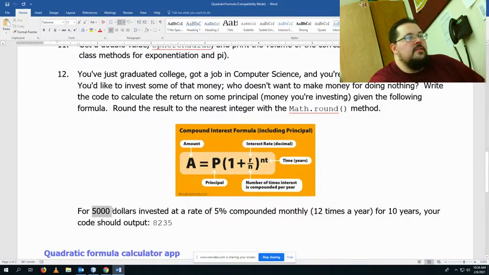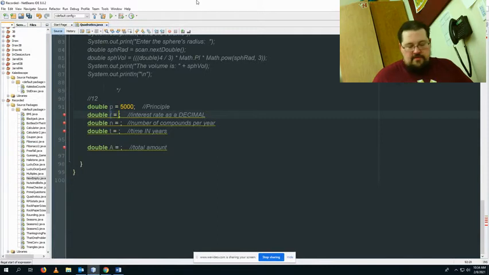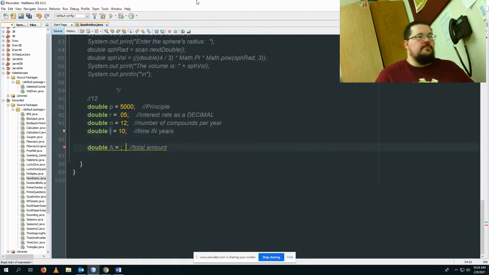Okay, $5,000, 5%, 10 years, monthly. $5,000, 5%, move the decimal to 0.05, monthly, 12 times, over 10 years.